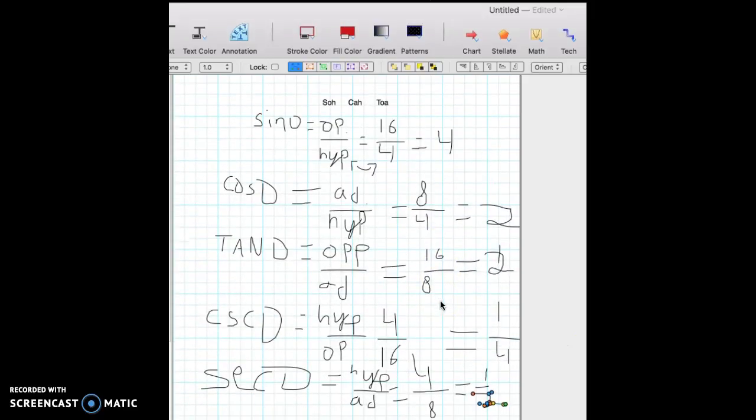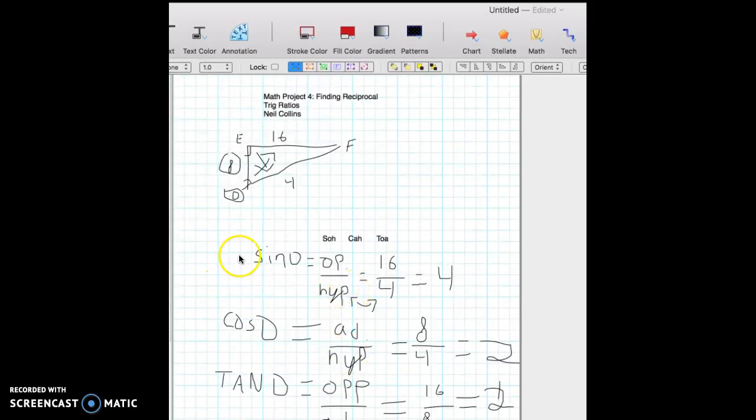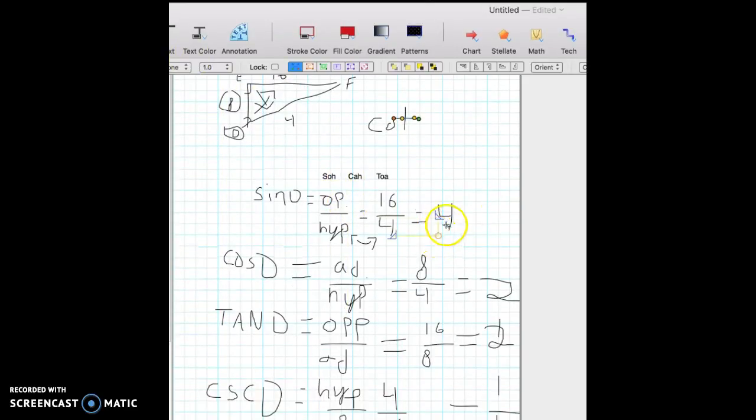Alright, I ran out of room, so I think I'm just going to squeeze in cotangent up here, if that's alright. Sorry, it's getting messy. Cotangent, we're going to abbreviate that to COT. Perfect. Cotangent is going to be the complete polar opposite of tangent, which is opposite over adjacent.